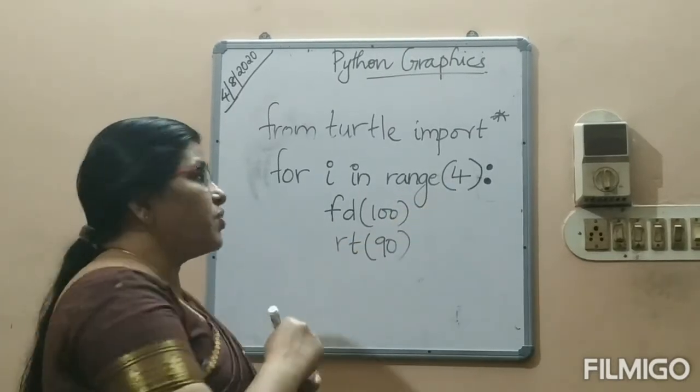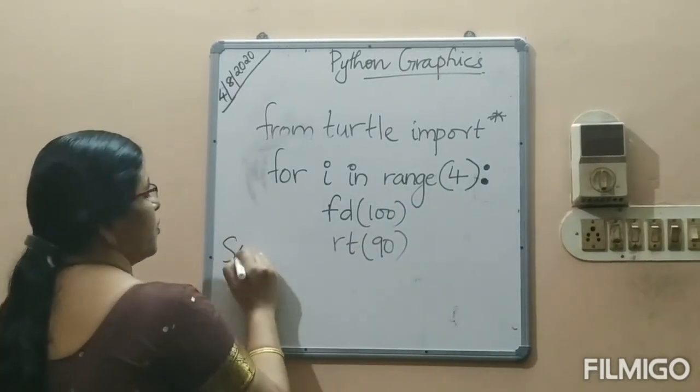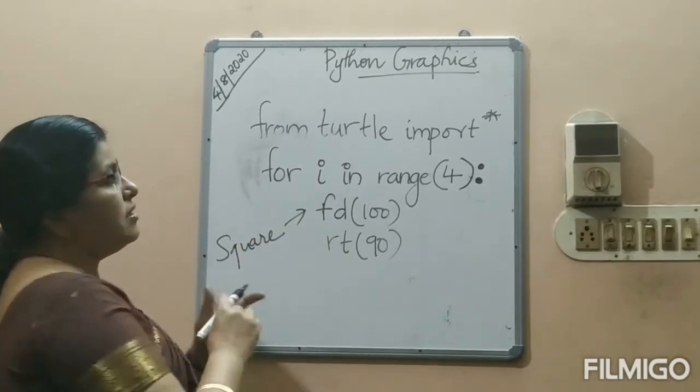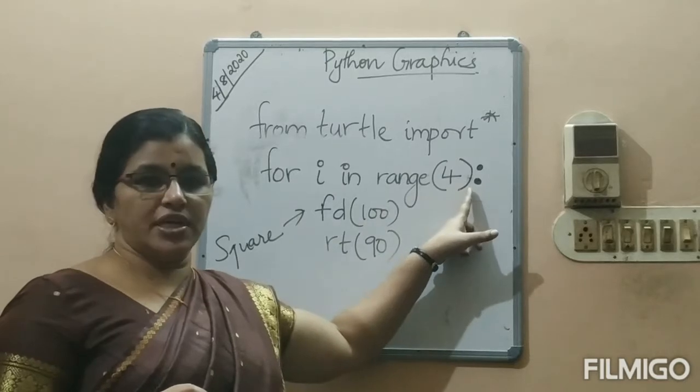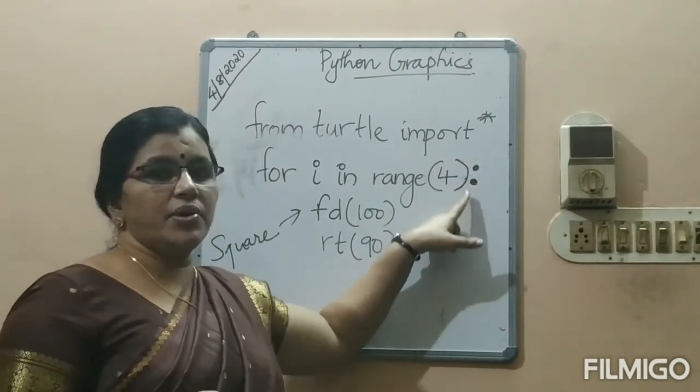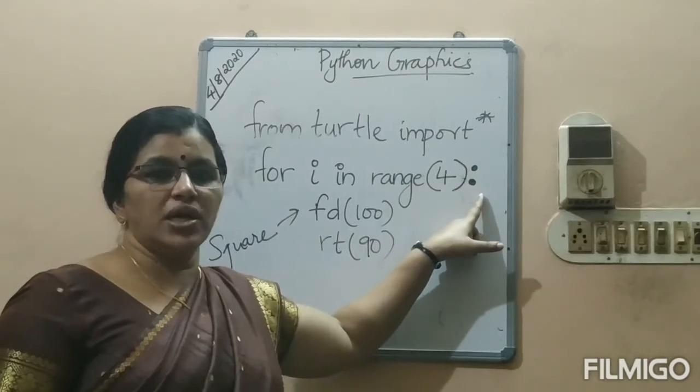Now we are drawing a square. To draw a square, see, how many sides are there? 4 sides. So inside the range there will be 4. Then closing the bracket, what is it? Colon.